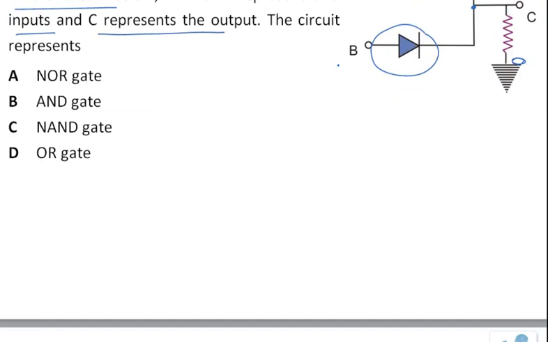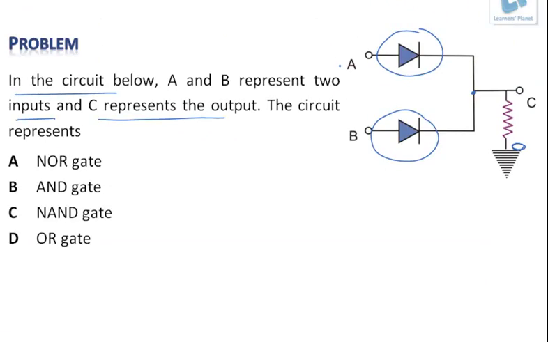Now if we apply low potential at A and B, then this end is also at lower potential and this end is also at lower potential, so there is no biasing, so the output at C will be 0.